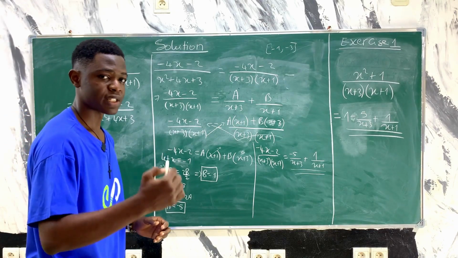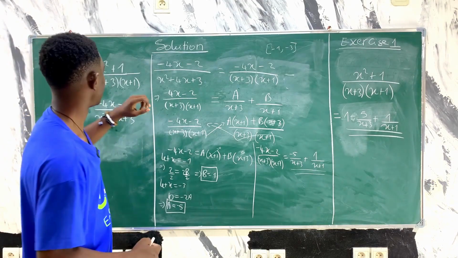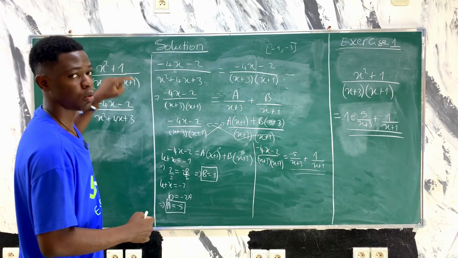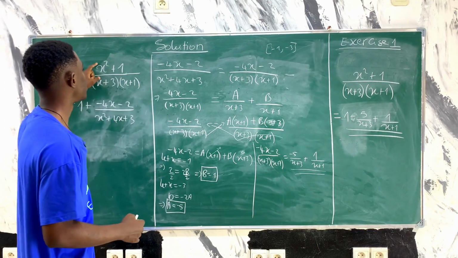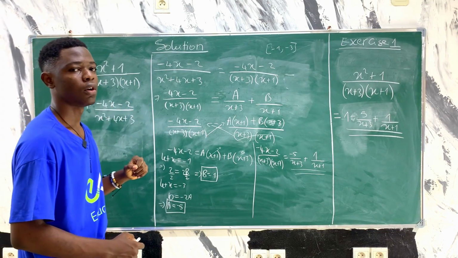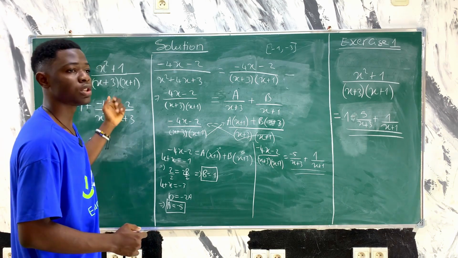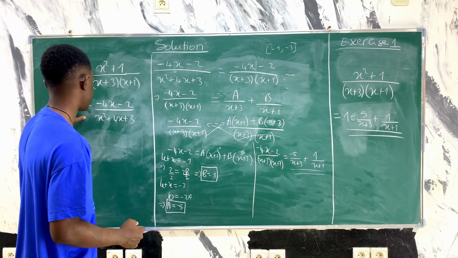So I explained back all of the steps that we used. What did we do first when we saw this? We saw that the power here was the same as the power here, whereas the power on the numerator is supposed to be less than the power on the denominator. So what we did was we did long division and came up with this answer.